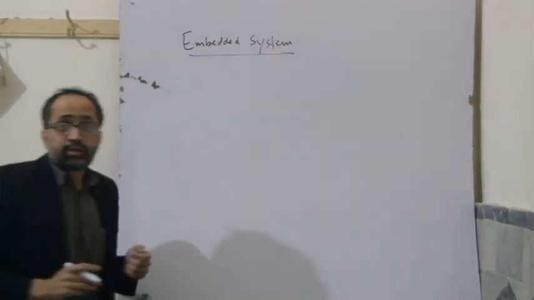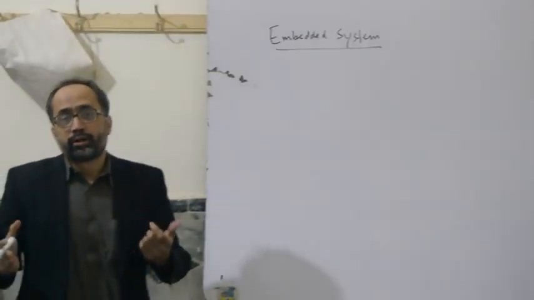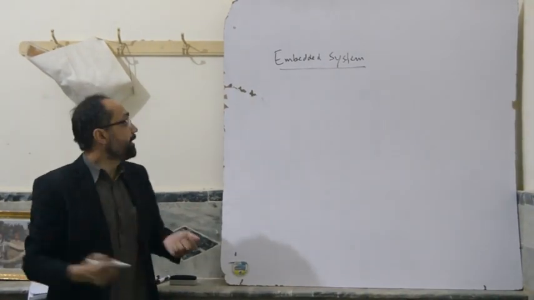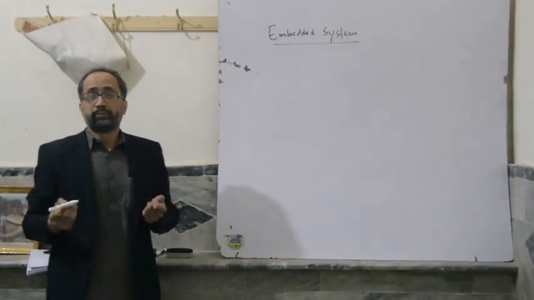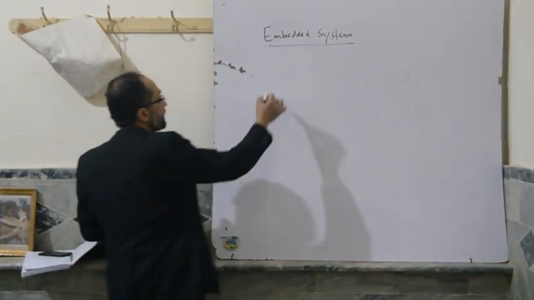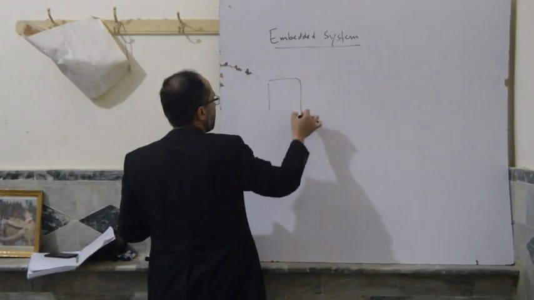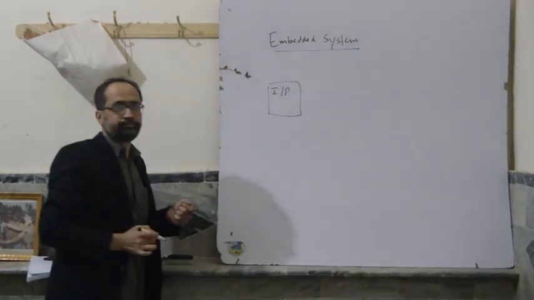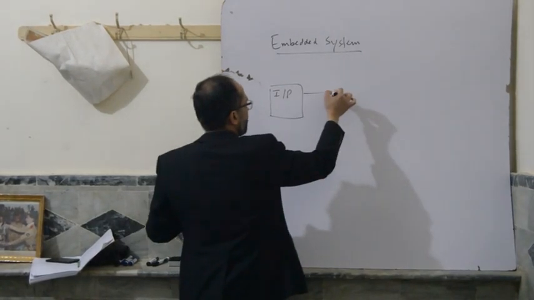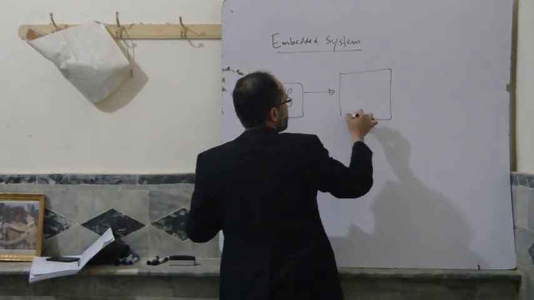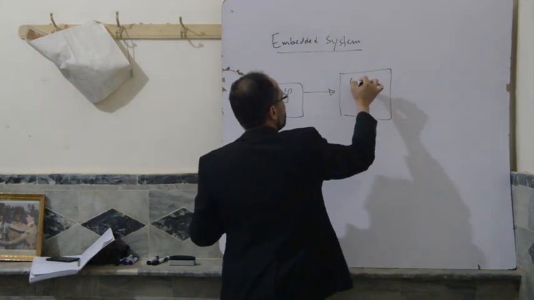Embedded systems are the type of system that are typically used in our daily life. So what are different examples of an embedded system? What are the main components of an embedded system? The main components are typically an input device, and the brain of the embedded system, which is a controller.